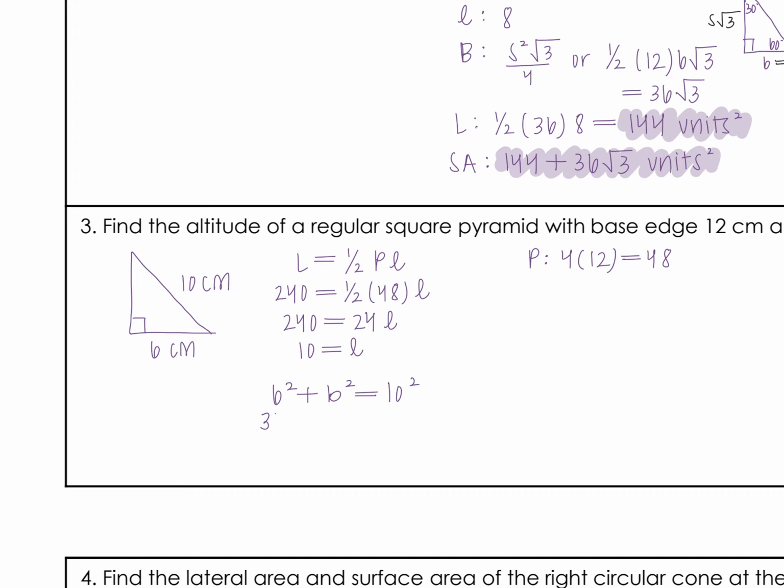When we square everything, we get 36 plus b squared is equal to 100. When I subtract and take the square root, I'll get b is equal to the square root of 64, which, if you remember up above, we already knew to be 8. So my altitude here is going to be equal to 8 centimeters. Make sure you include your units.